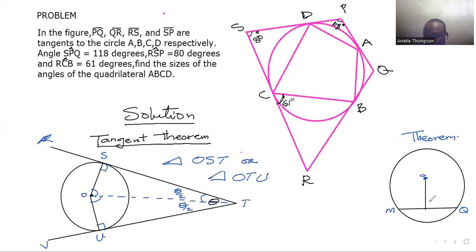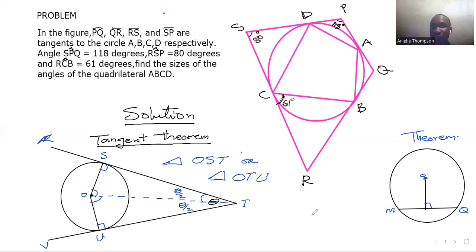This line makes an angle of 90 degrees, or we can say it is perpendicular to the chord. Having these two ideas before we start looking at the problem is very much essential.